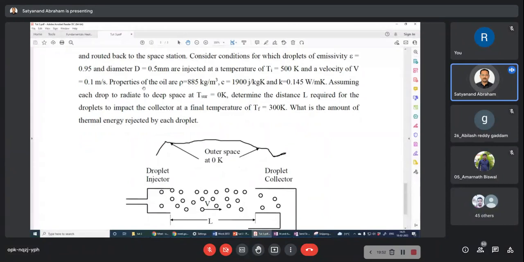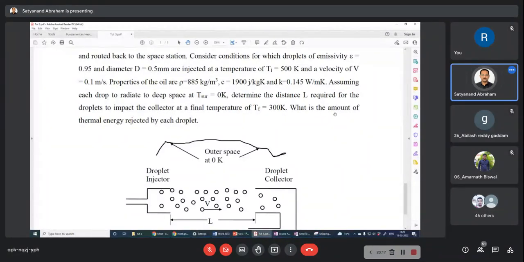The properties of the oil are: density ρ equal to 859 kilogram per meter cube, and the specific heat capacity and conductivity are given. Assuming each drop radiates to deep space with surroundings at 0 Kelvin, determine the distance L required for the droplet to impact the collector at a final temperature Tf equal to 300 Kelvin.